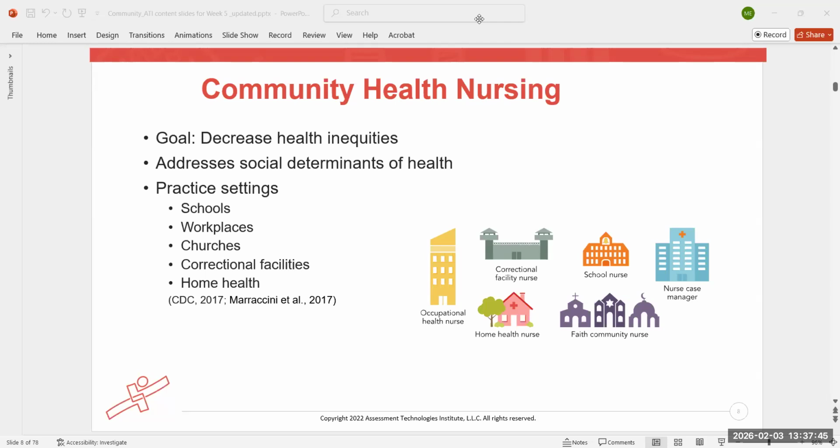They could include the impact of education, housing, finances, access to food, proper nutrition, genetics, biology, and also the influence of family health practices. How does that affect one's health? How does that affect one's idea of health? And how does that affect how they're going to seek help or try to treat issues that come up?